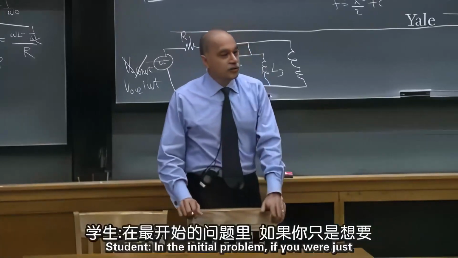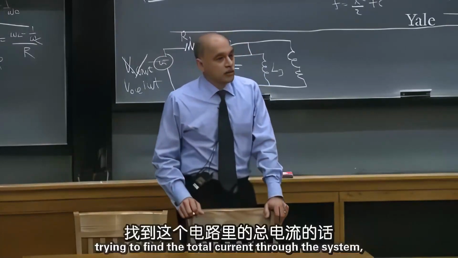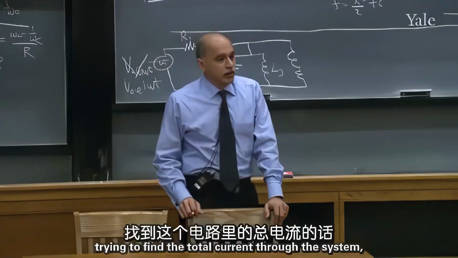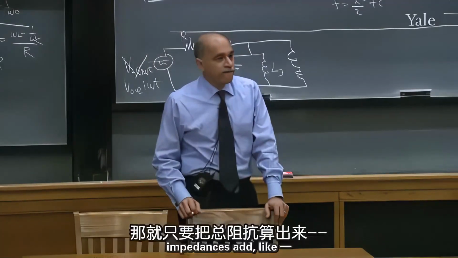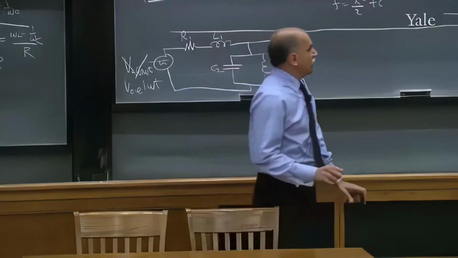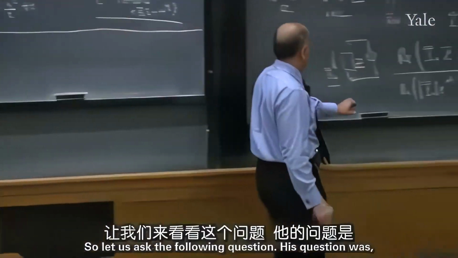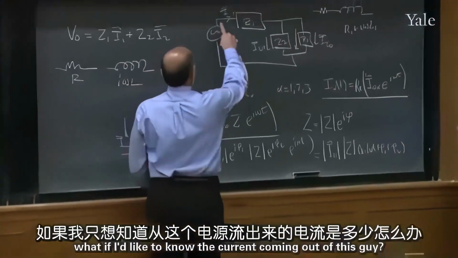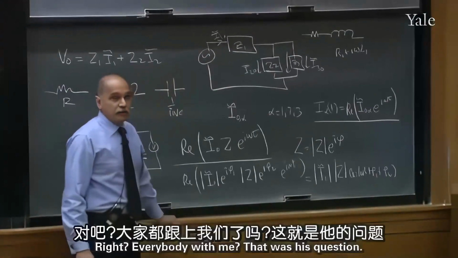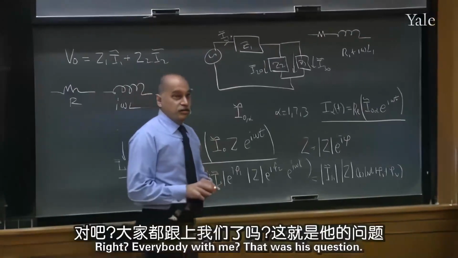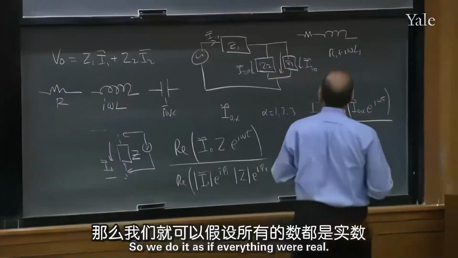In the initial problem, if you were just trying to find the total current through the system, do impedances add like resistors? That's what I said. That's correct. So let us ask the following question. His question was, what if I'd like to know the current coming out of this? Everybody with me? So we do it as if everything was real.